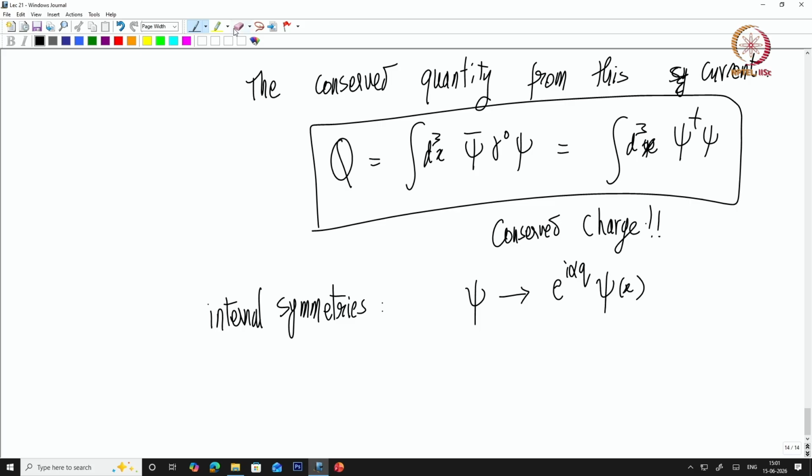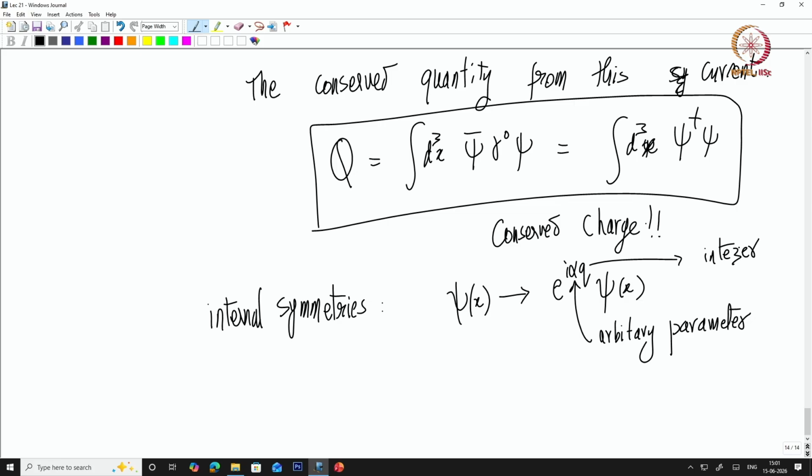So for the wave function of the Dirac particle, you have an arbitrary parameter alpha, and q is some integer. Let's take it to be an integer. It could be 1 for electrons, and 2 by 3 for some bunch of particles.